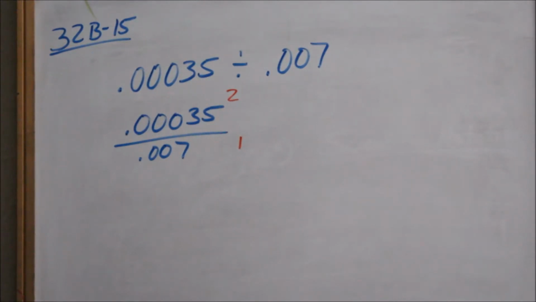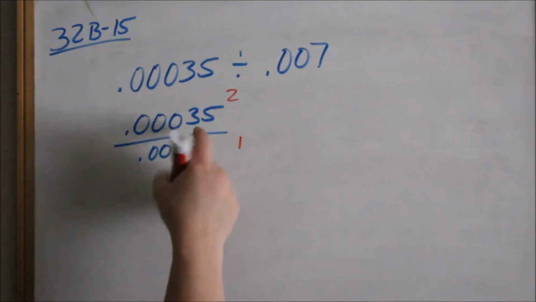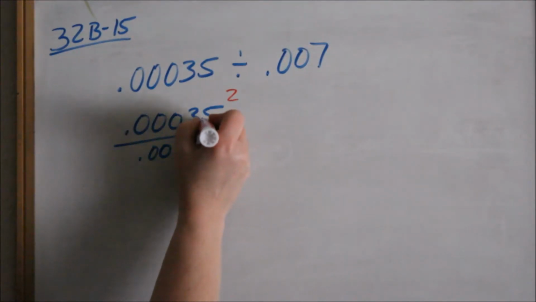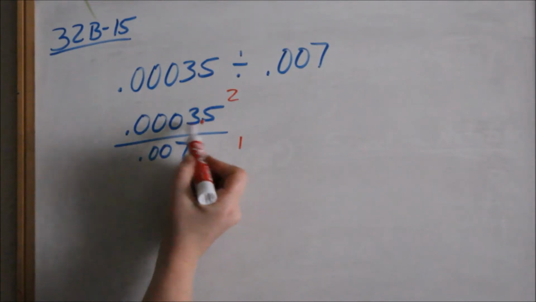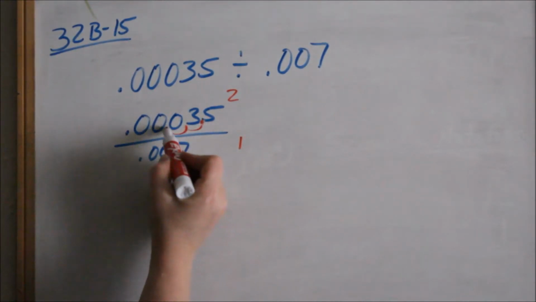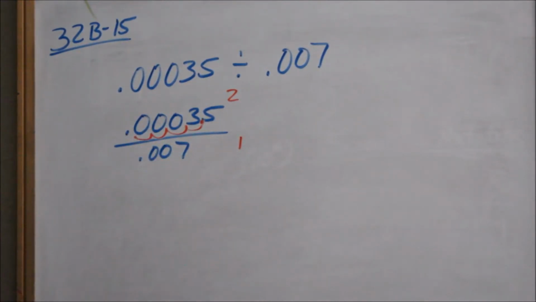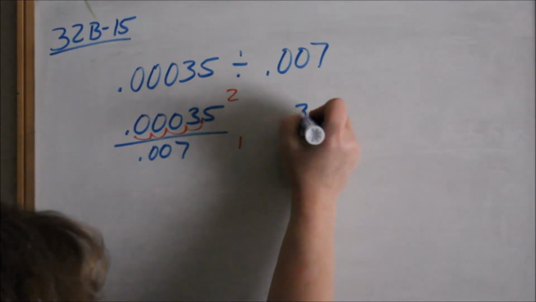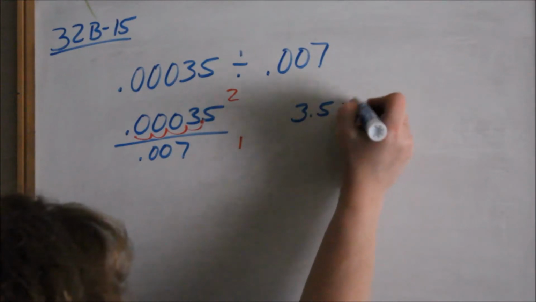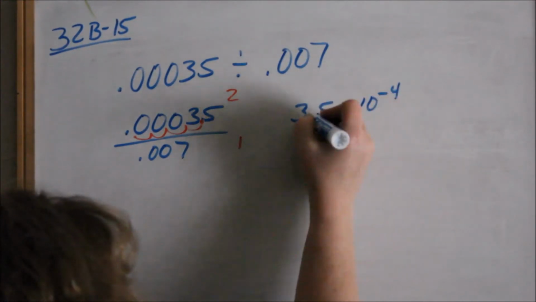So the first thing that I want to do is put them both in scientific notation. So here you put your decimal where you want it after your first significant digit. So we're moving to the left, so you count 1, 2, 3, 4. I move to the left, so that would be a negative exponent. So this would be 3.5 times 10 to the negative 4.